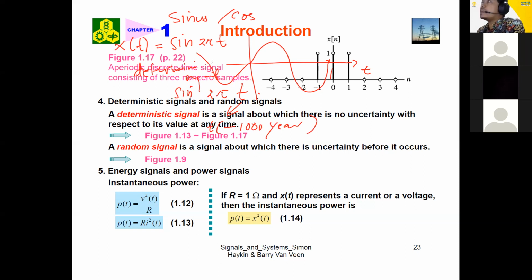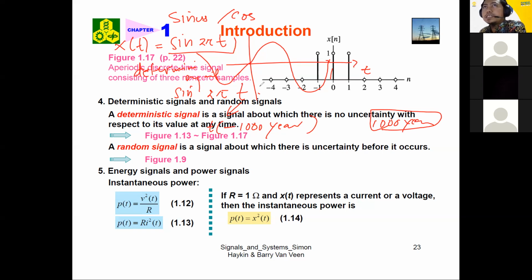We can still determine the value of the sine. Or maybe 1,000 years ahead, we can still determine this signal. So this is the meaning of deterministic signal.